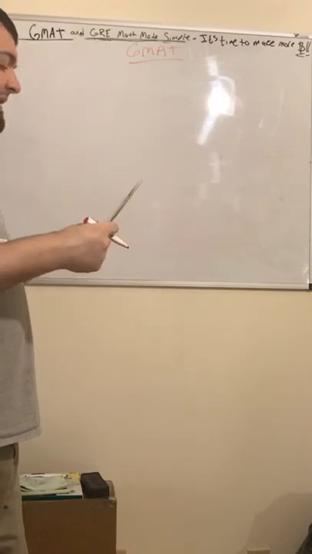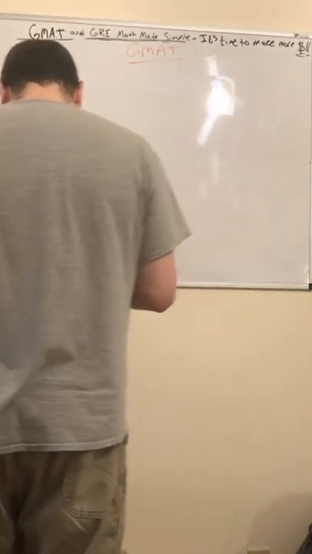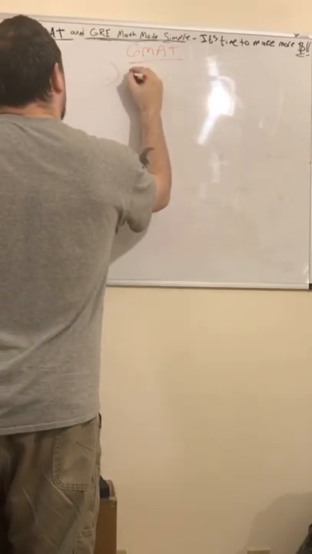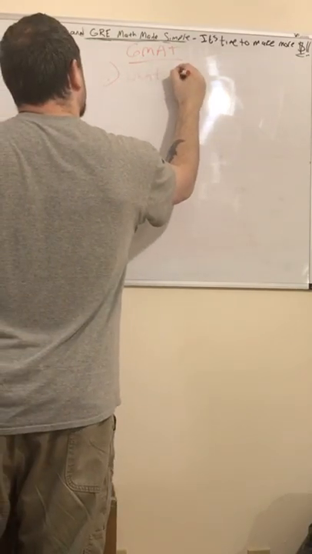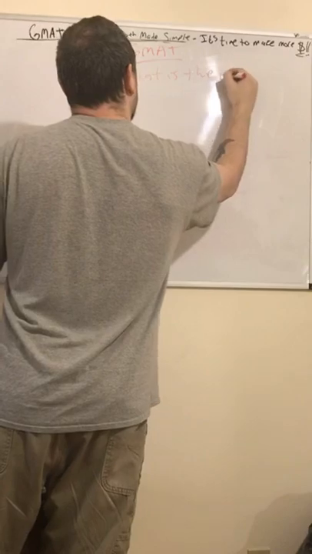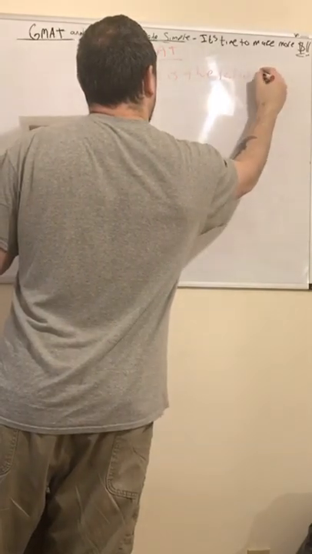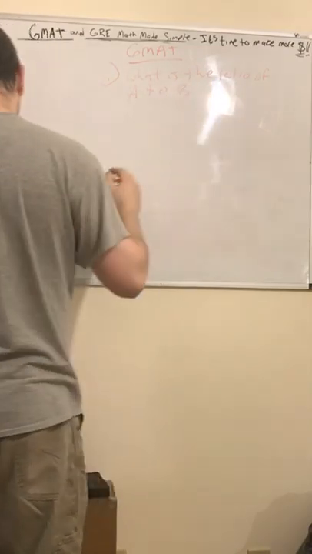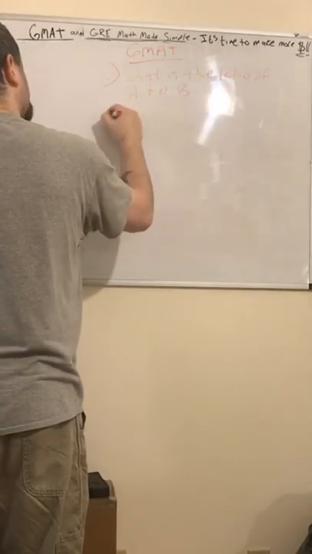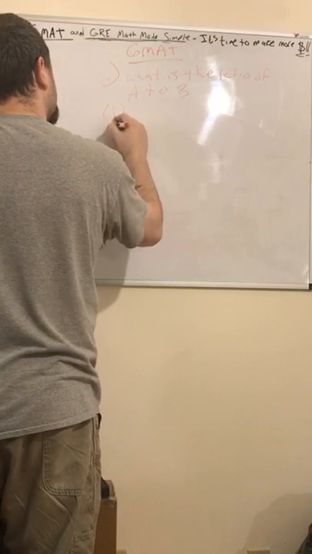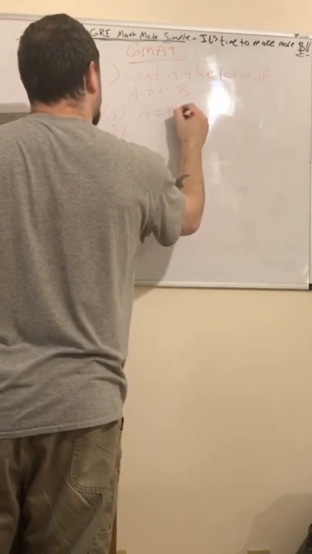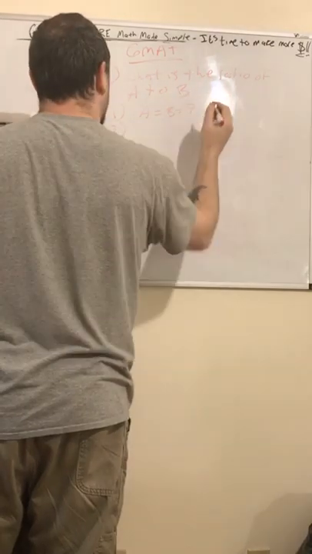So in this case, we have a question that says, number 3, what is the ratio of A to B? So for number 1, they give us A equals B plus 7.